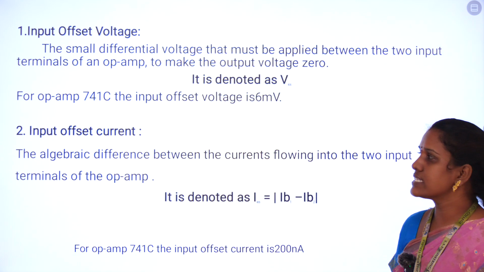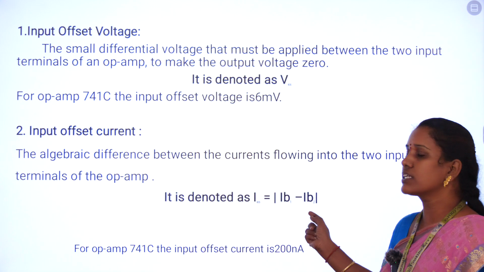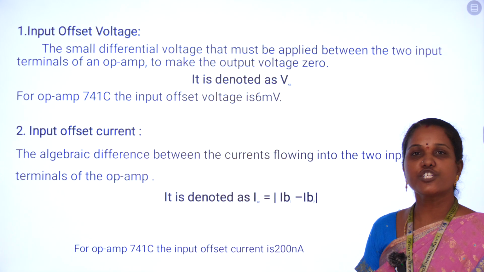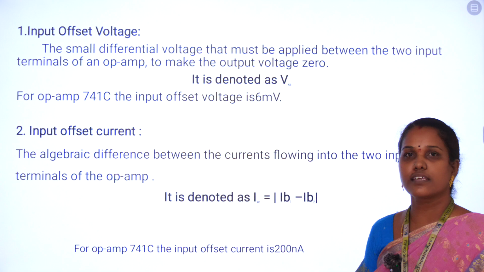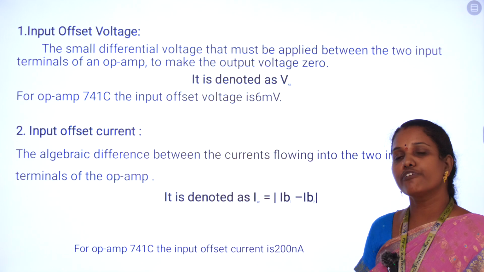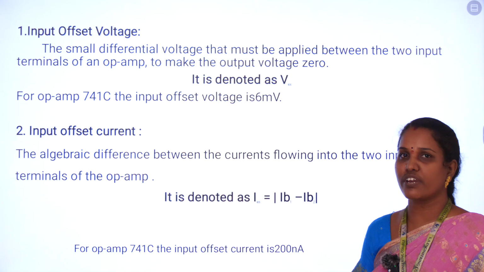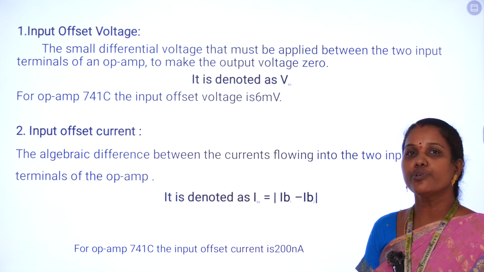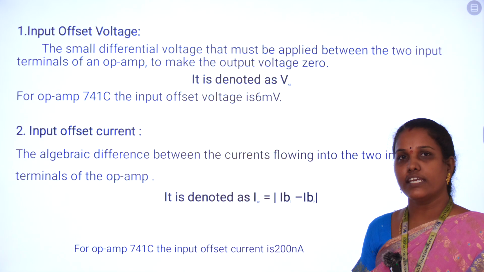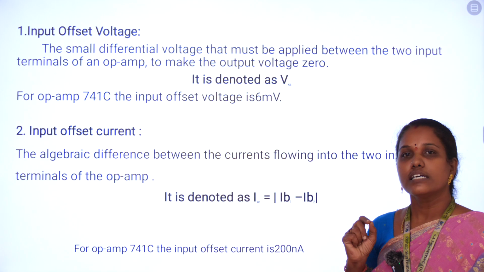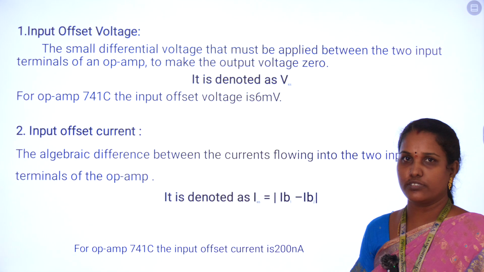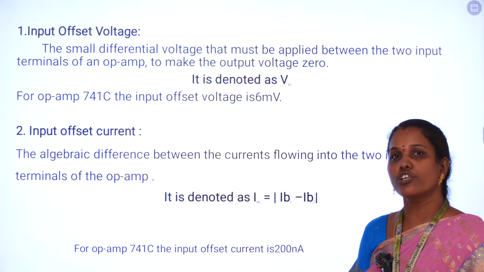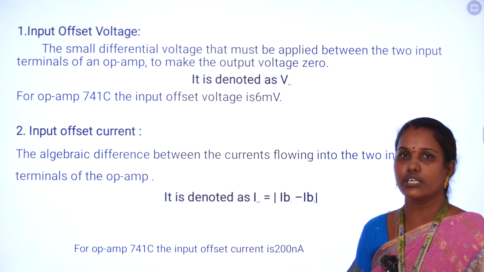Now the second one is input offset current. Input offset current means, as I said, we use a differential amplifier inside the IC741. The differential amplifier has two identical transistors, but due to defects of the fabrication, an unwanted bias current will flow in the inverting terminal.